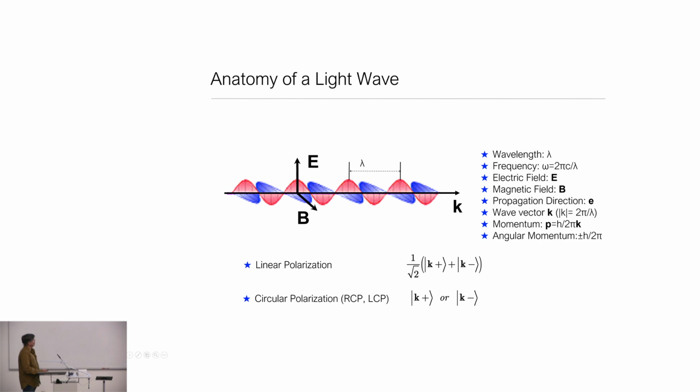Yeah? And so that is the wave vector. Light has a momentum, and that is the momentum vector that's related to the wave vector k, and it also has an angular momentum that's 1/2 h bar.